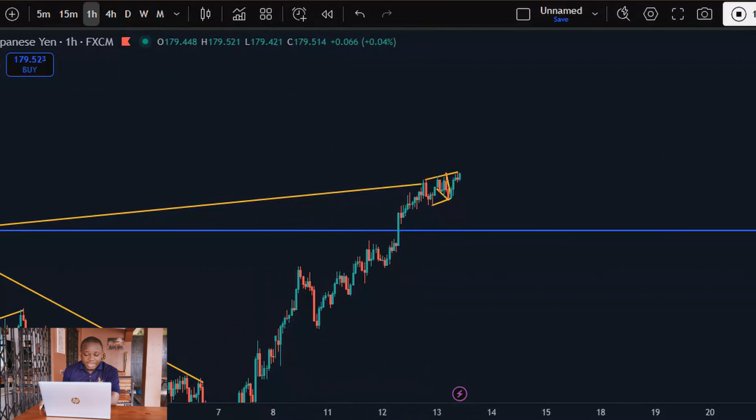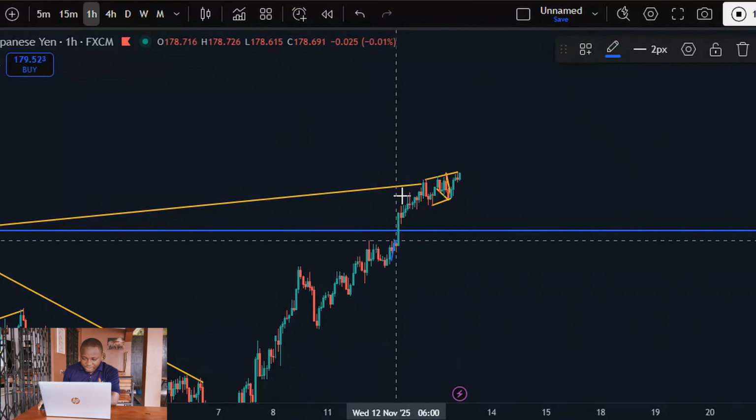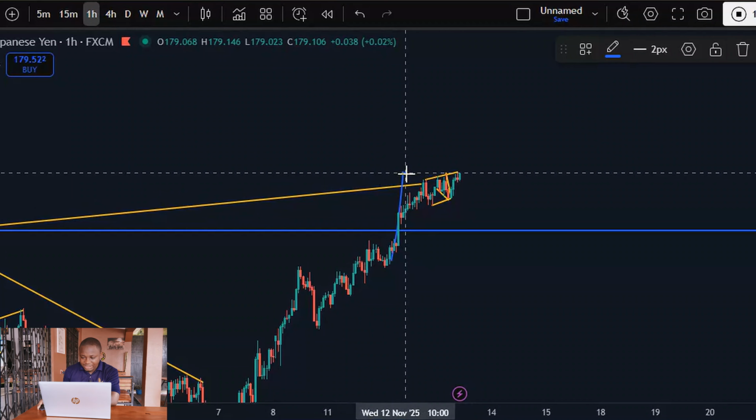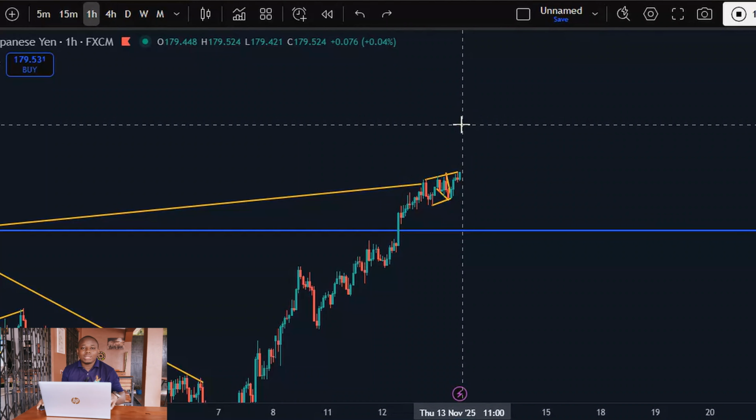And for those who want to know the validity of this particular setup, we were not backed up by an area of volume from the higher time frame. And keeping that in mind, the price can still do this, acting as an impulse, this as a correction, and still move to the upside. That's what makes this particular setup valid.